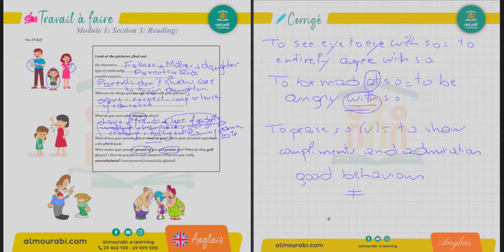But when we misbehave, that's being mad at us. So make a difference between a good behavior, a well-behaved person, and the opposite, that's misbehavior. Or we use the word misconduct.